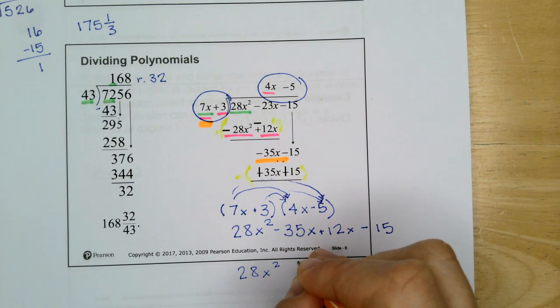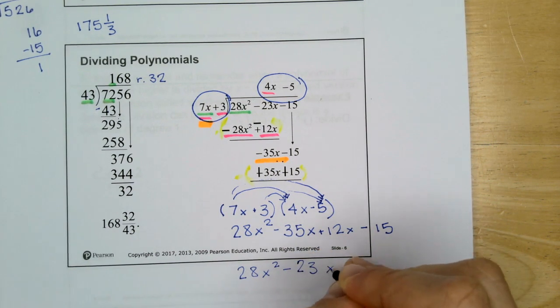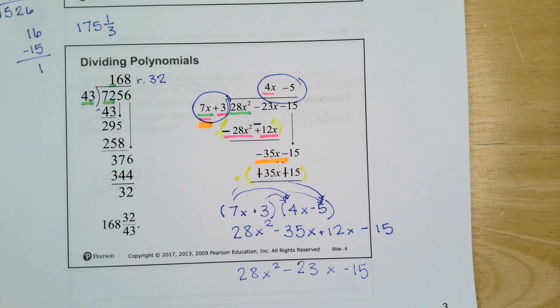Negative 35 plus 12 is a negative 23, minus 15, okay?